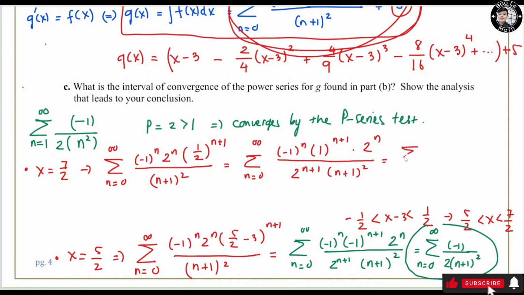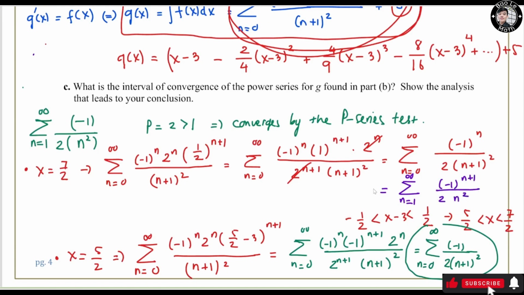Then it's the series with negative 1 raised to the n left; the 2 raised to the n cancels out, so you have 2 on the bottom, times n plus 1 squared. I can rewrite this as the series starting from 1 to infinity, so it becomes negative 1 raised to the n plus 1 over 2 times n squared.